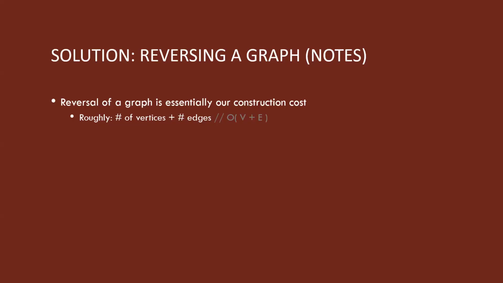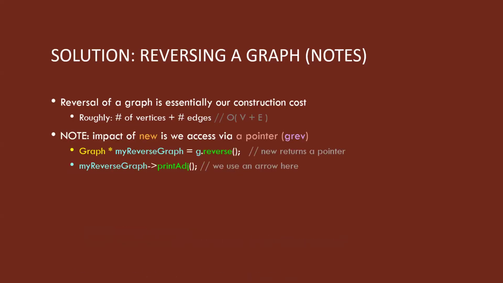That's the cost of what we're going to have to do to build this graph, which is not terrible. We would call that linear, okay? So even though it's V plus E, it's still a linear time cost. So if we have lots of edges, it's maybe a bigger number, but it's still a linear cost as V and E grow. Okay? And so this was our primer on the arrow versus the dot thing.